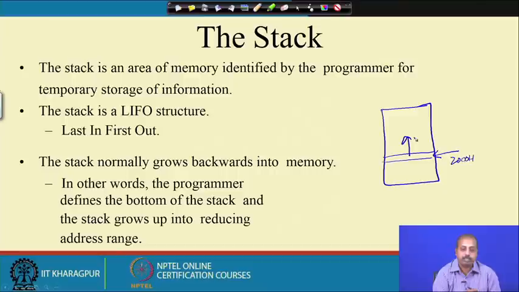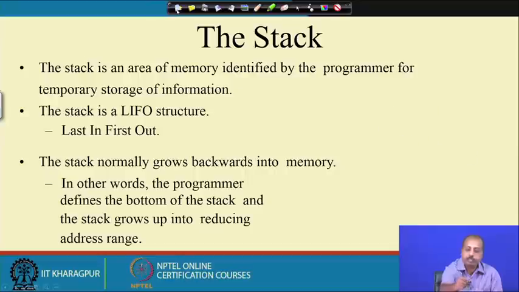That is what normally happens, but it is not that it cannot grow the other way. For most processors it is done in this fashion, but that is not mandatory. The programmer defines the bottom of the stack, and the stack grows in the direction of reducing addresses. So this address value will decrement as more and more elements are put into it.